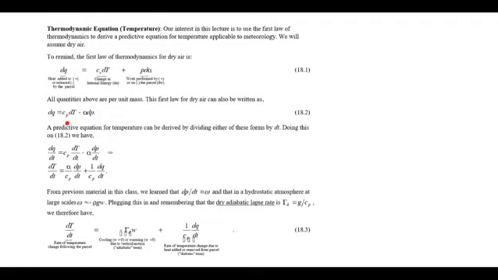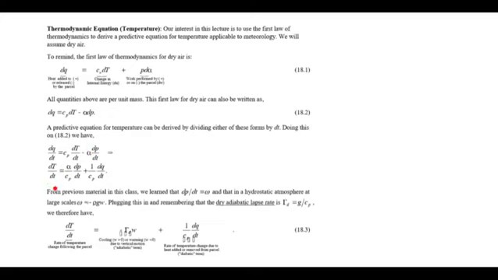Now, if we divide through by dt on both sides, you see that we can say the rate of change of heat added to a parcel goes to the rate of change of internal energy minus the rate of change of work performed, or the enthalpy. We call this alpha dp/dt. That's just differentiating by dt through the equation, and through rearranging the equation we can bring the dT/dt to the left-hand side, and we get this equation here.